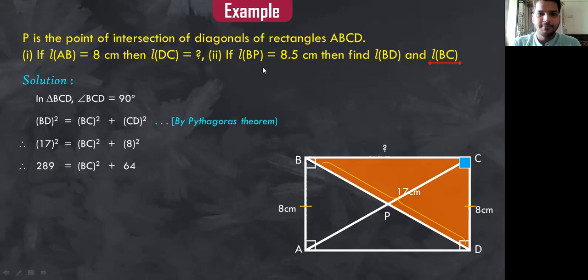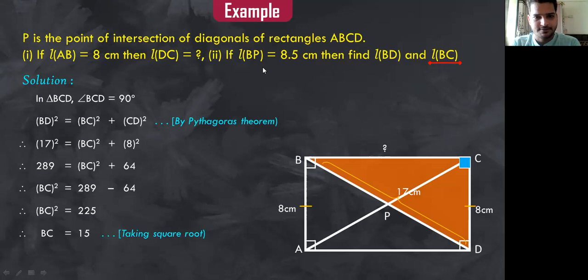Now students, BC square will become equal to 289 minus 64. That gives you a total of 225. But remember, at the last step, when there is a square, you have to take the square root on both the sides. So BC will be equal to 15 centimeters. So with this part, we complete this particular sum also.